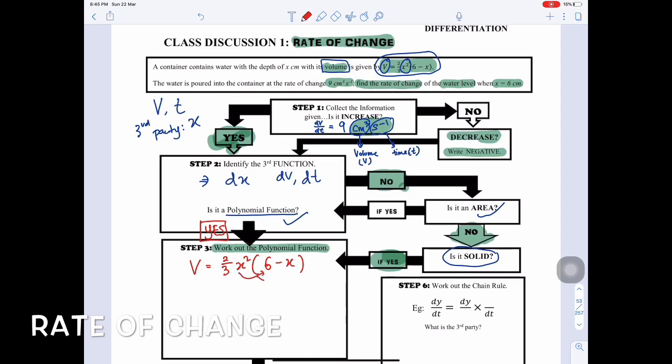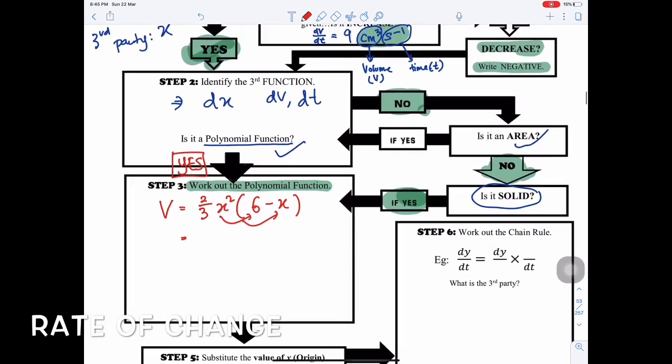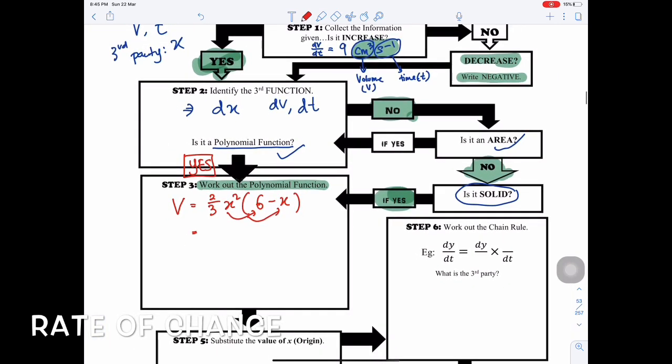So you have to expand first before you work out. Work out here means you have to differentiate to find the rate of v. So you get 2 over 3 times 6, which is 4x squared minus 2 over 3 x to the power of 3.